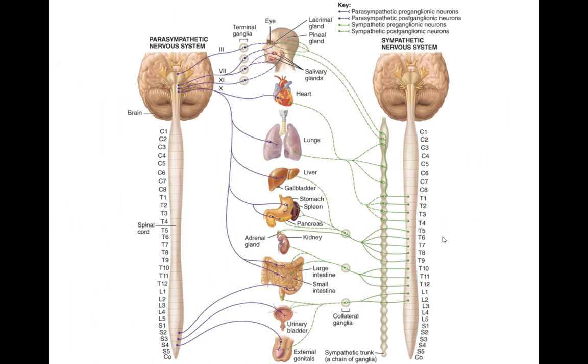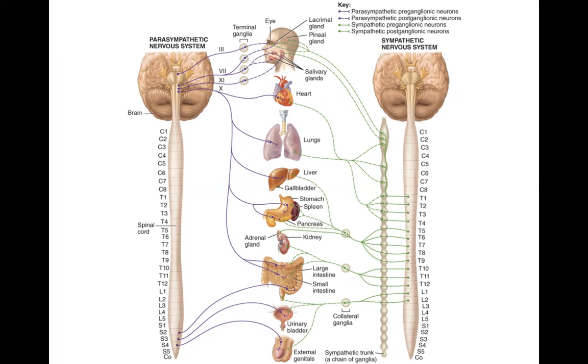We talked about two other terms to describe those two divisions. The sympathetic nervous system also goes by the term thoracolumbar division, because it uses the thoracic and part of the lumbar region of the spinal cord. Signals come out, and synapsing occurs in this trunk or chain of ganglia right outside the spinal column. Then the second neuron, the postganglionic neuron, carries the signal the rest of the way to things like the lungs and the heart that you can see in the picture.